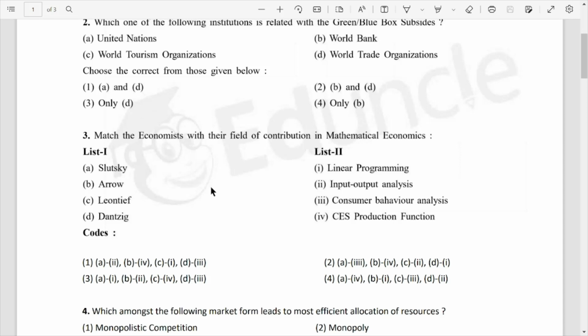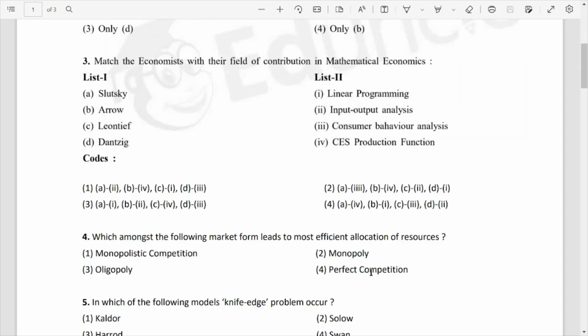The next question is: which amongst the following market forms leads to the most efficient allocation of resources? The options are mainly four types of market: perfect competition, monopoly, monopolistic competition, and oligopoly. We have to find which form of market leads to the most efficient allocation of resources, because the central problem of any economy is resource allocation.